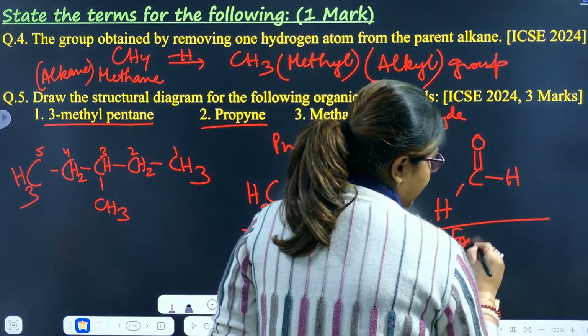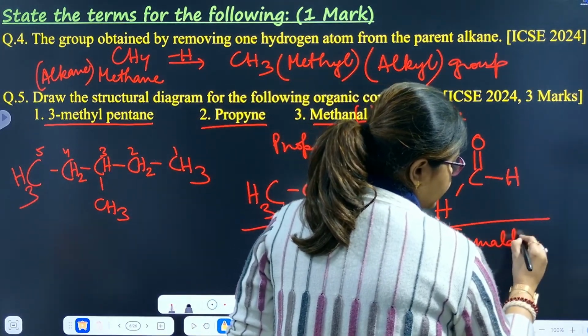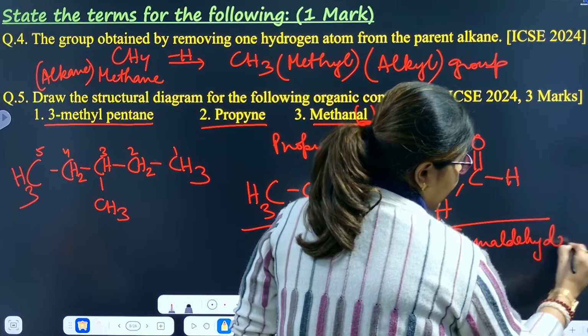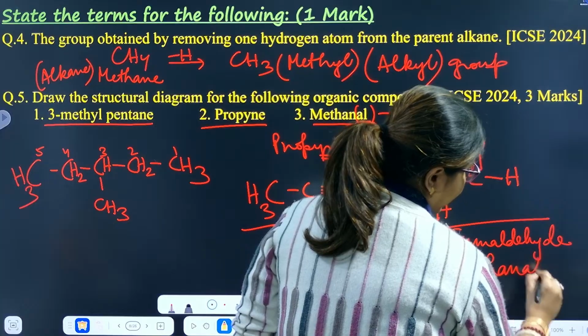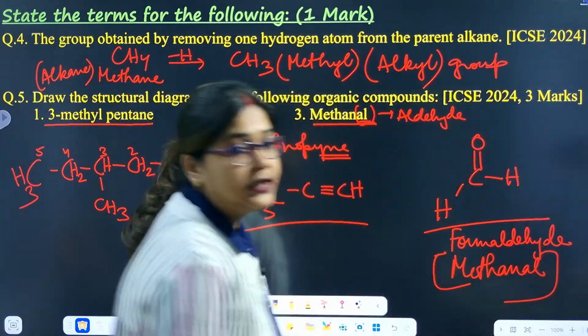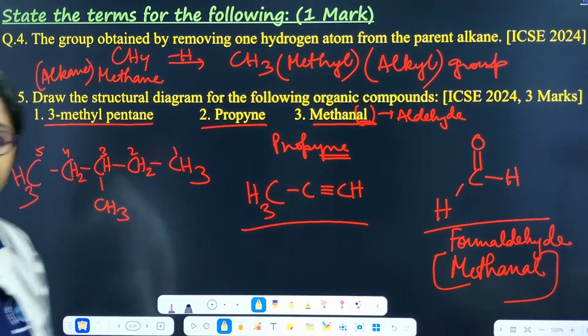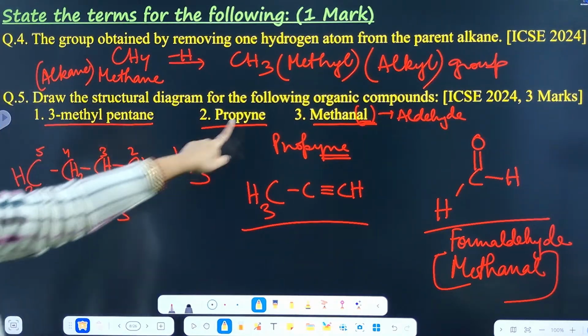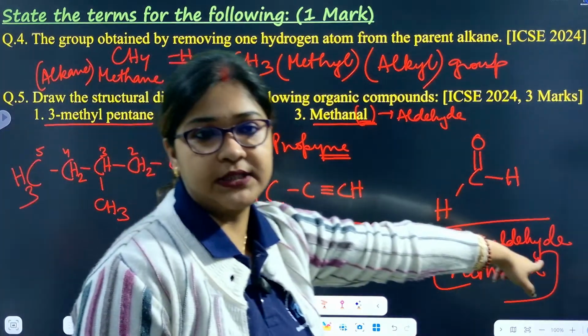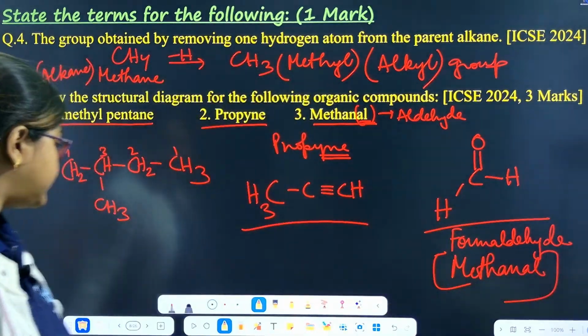This is also known as formaldehyde, and the IUPAC name is methanal. समझ में आ गया? So 3-methyl pentane, propyne and methanal. Clear?